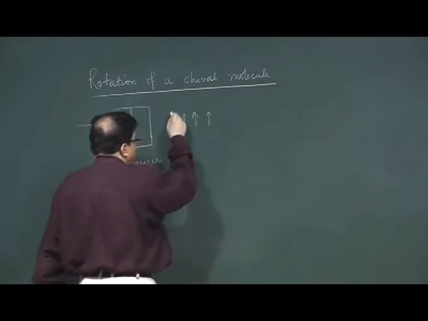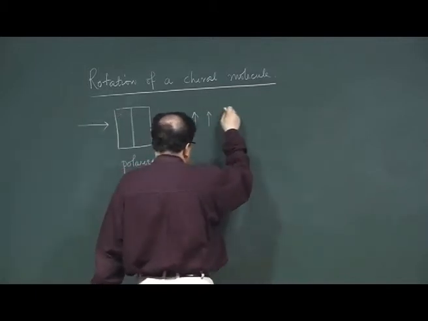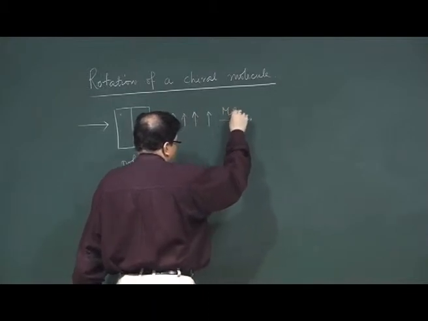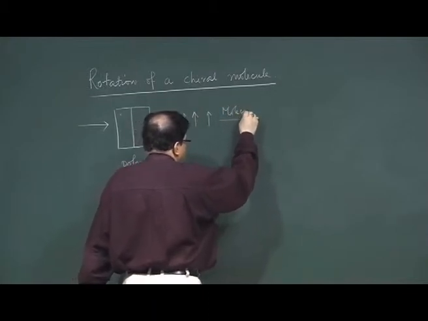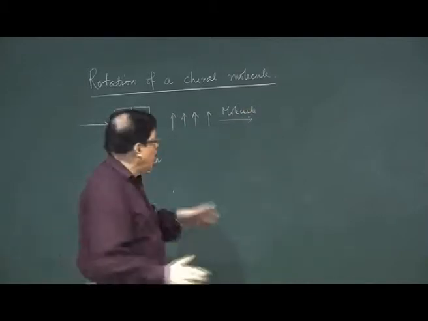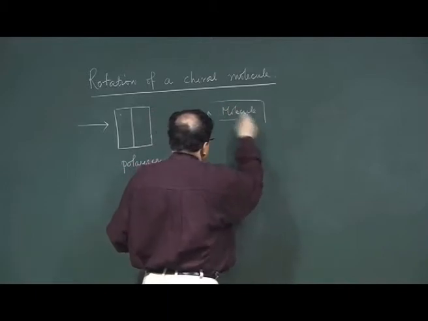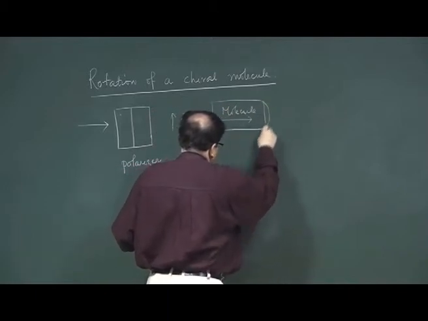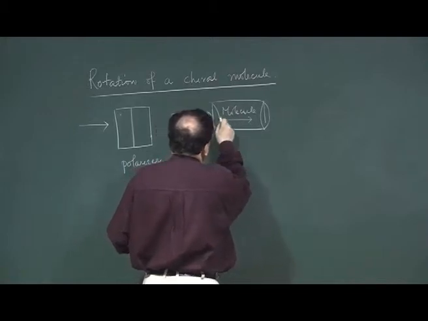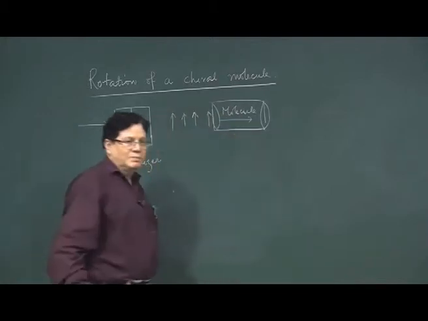Now, if this plane polarized light passes through a molecule which is a liquid, or in a solution kept in what is called a cell, then it will interact with the molecule.